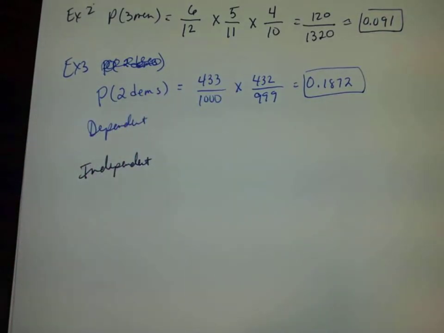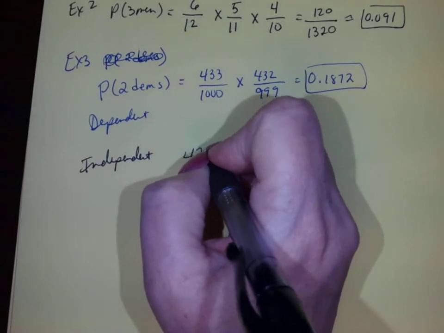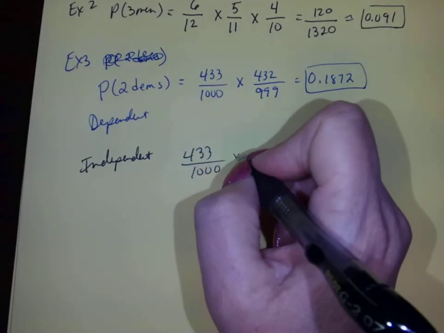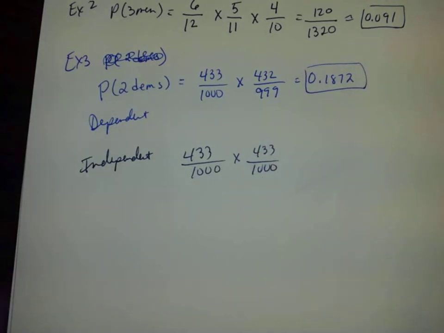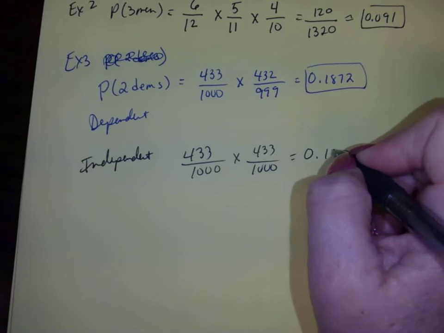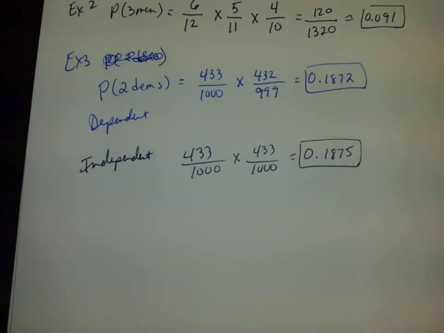We get 433 out of 1,000 times 433 out of 1,000. We're not going to take the person off the list, and we happen to call them twice. This would get you 0.1875. This doesn't change very much, does it?